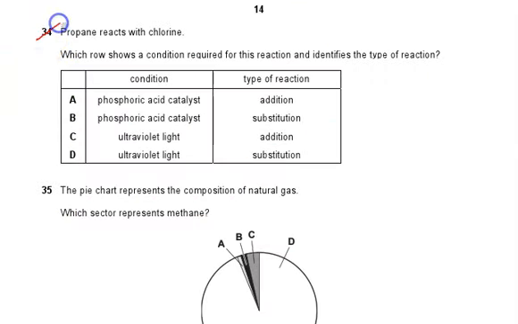Okay, for number 34, propane reacts with chlorine. Propane is an alkane, not alkene. So if it is an alkane reaction, it must be under ultraviolet, and this process is called substitution. So how do they react? Let me just write it down over here.